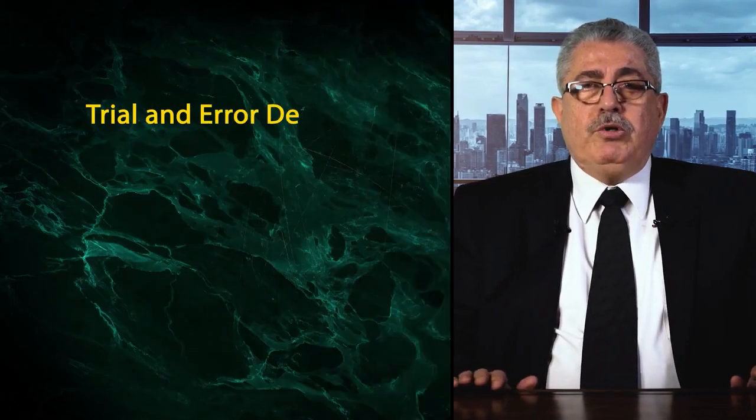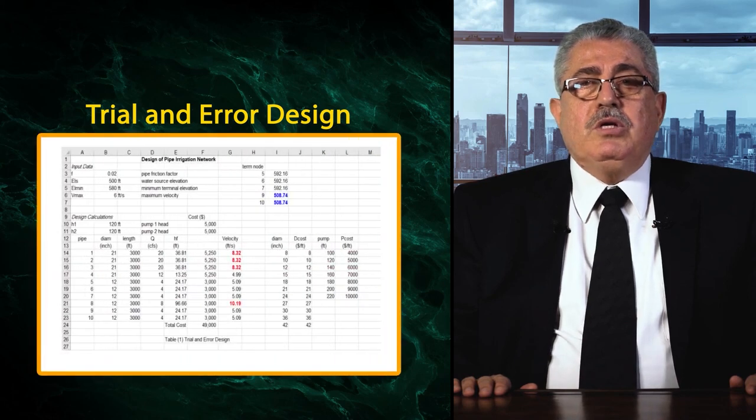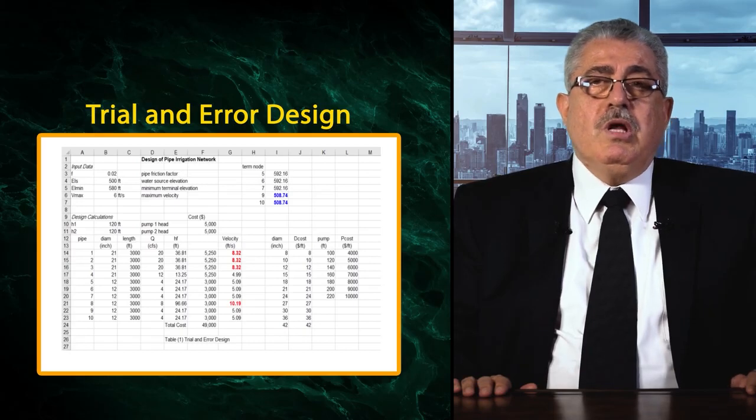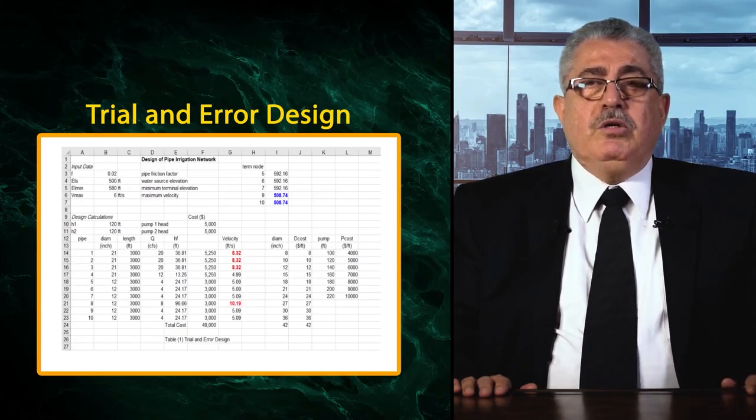The spreadsheet shown for the trial and error solution is divided as before into sections for input data and design calculation, in addition to a section for terminal node calculation and a table of available discrete diameters and pump heads.